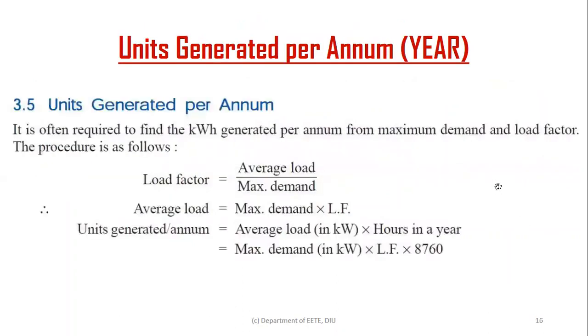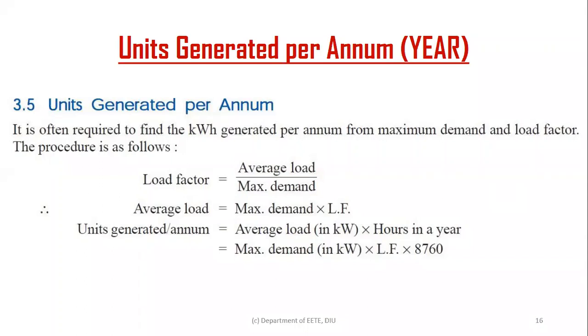And one more thing is the units generated per annum. Annum means year, in a year. In many examples, we have to find out the amount of power we generated throughout the year. We start from the load factor. Load factor equals average load divided by maximum load, we know that.